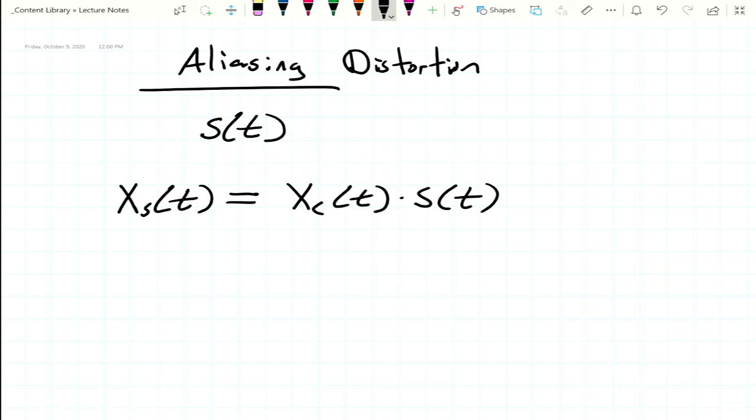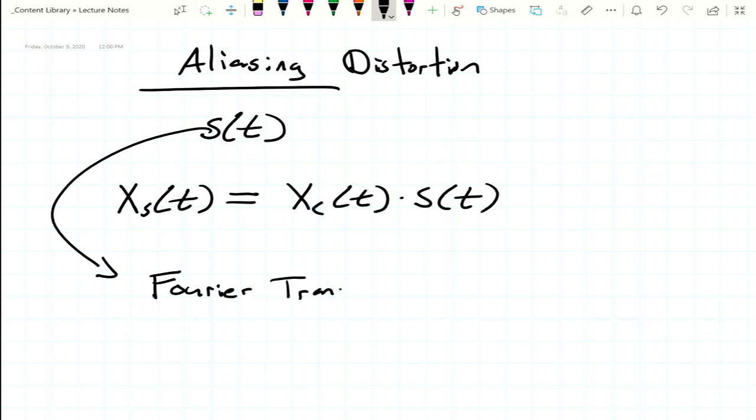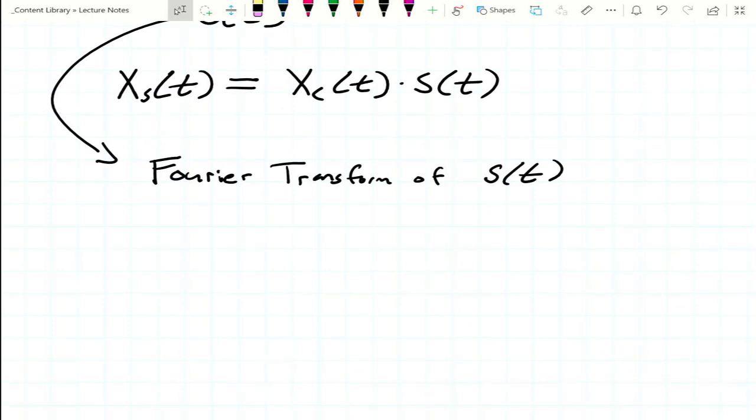Now, when we take all of that into the frequency domain by applying the Fourier transform, we're going to get some stuff.